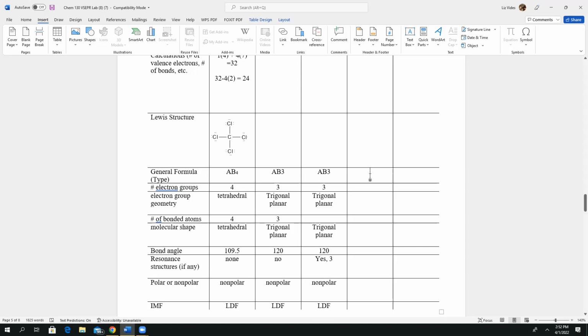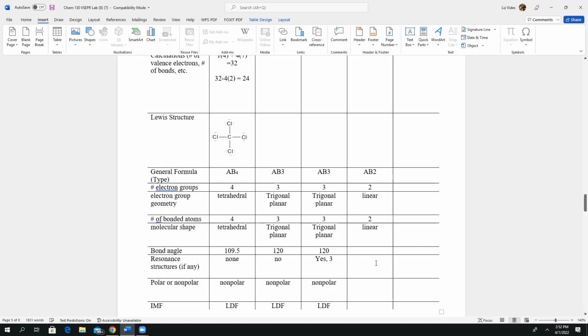All right, the next one after that, we have a linear. So this is an AB2. And that means it is 2 groups that are on the central atom. Therefore, it is known as a linear. Oh, sorry, I meant to put 3 there. That's a 2, and this is linear again.